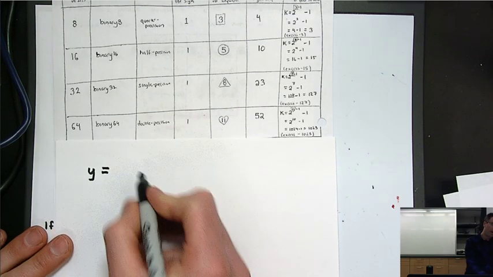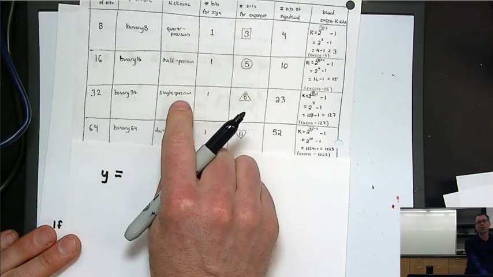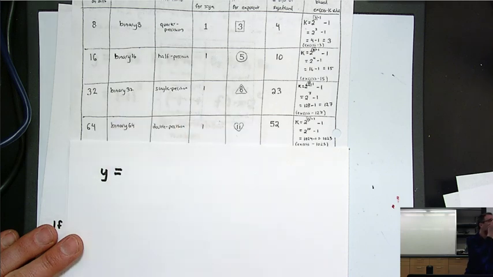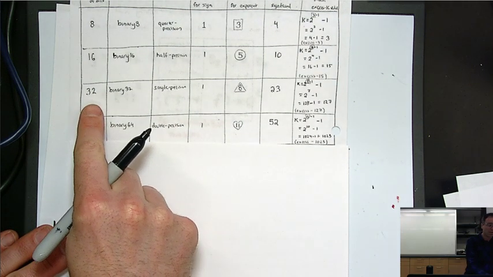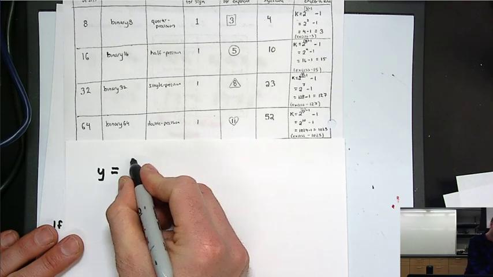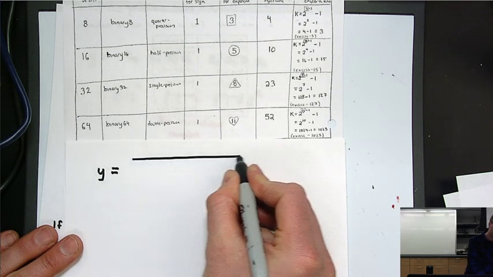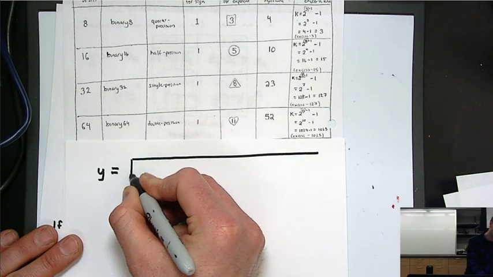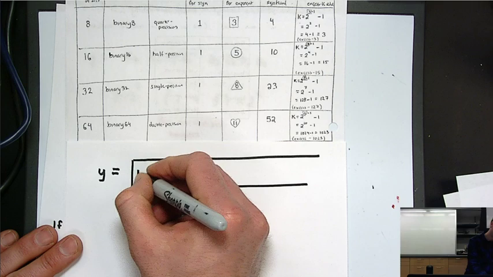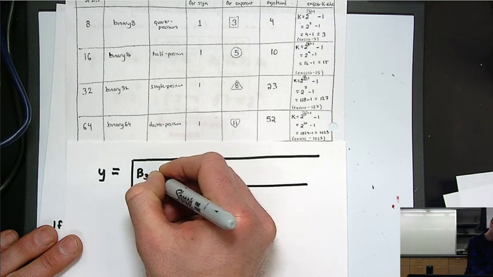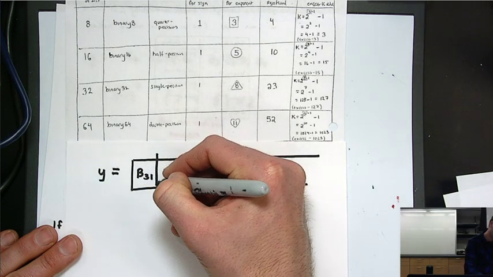All right, so if I'm thinking about single precision, how many total bits do I have? 32, which means that if I think about the raw bit string, what is the index I'm going to use for the most significant bit? 31.